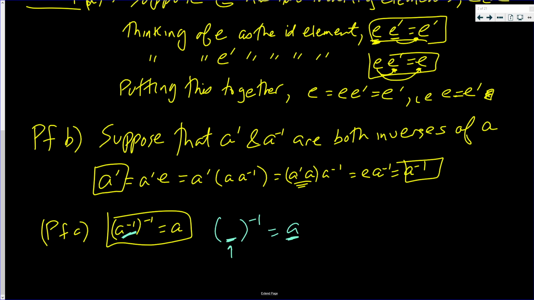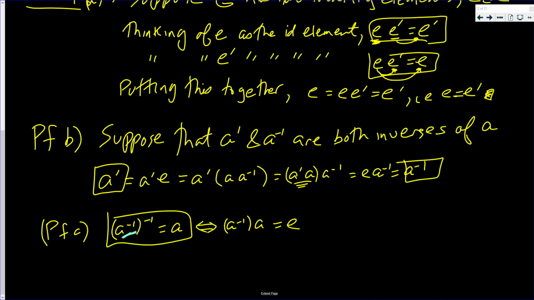The only way what's in here is the inverse of A is if this times this gives you back the identity element. But it does. Okay, this is the inverse of A if and only if this element times A is E.